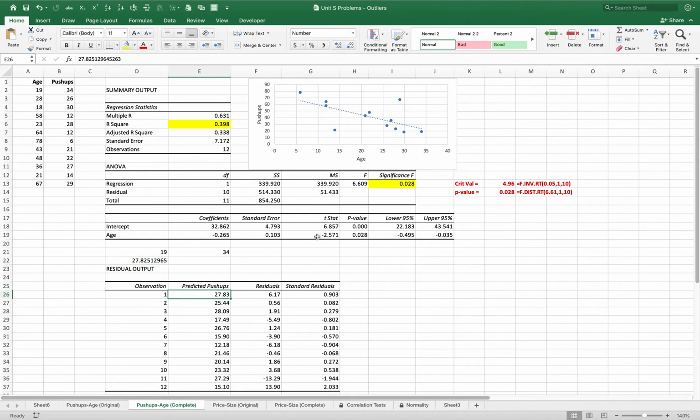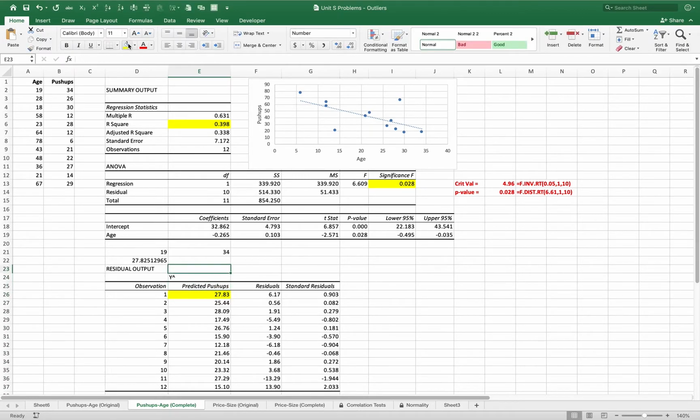The predicted push-up values are the y hat values. So I can put in a y hat right there, and that's what this column is.